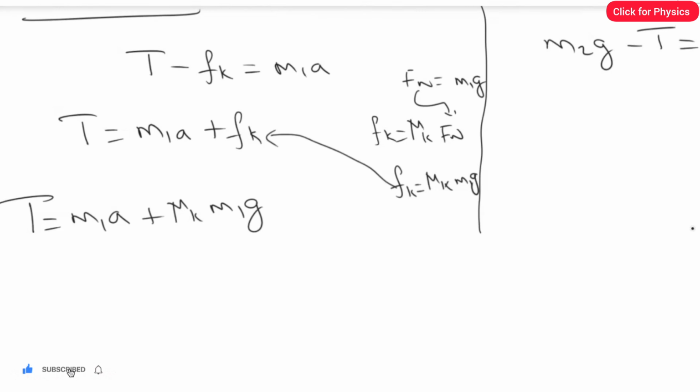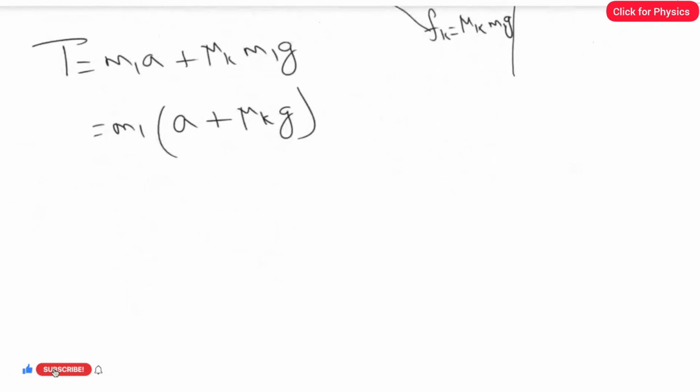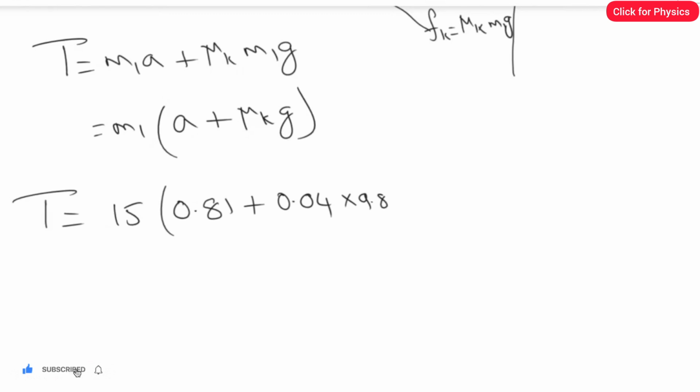So here you can see both terms have m1, so we will take m1 as common. So what is coming inside the bracket? A plus mu k multiplied by g, right? So now I have to substitute the values because all these values are there. So let's substitute the values. m1, which is nothing but the mass of the sled, is 15 kilogram, and the A value we already got as 0.81 in part A, plus mu k value is 0.04 multiplied by 9.8.